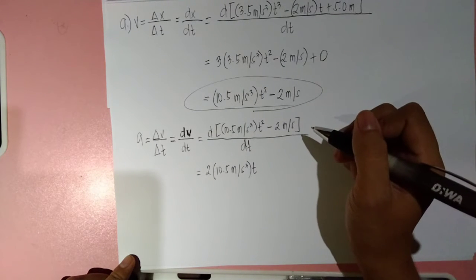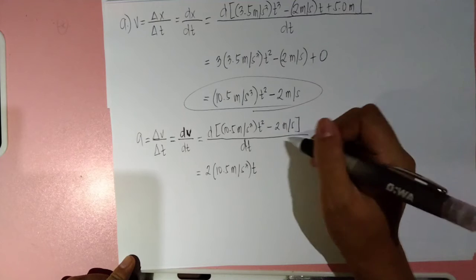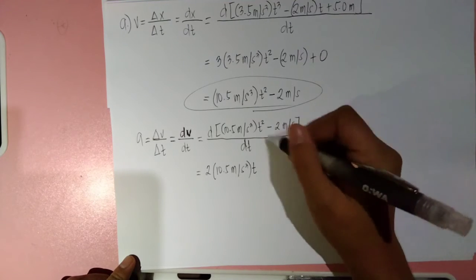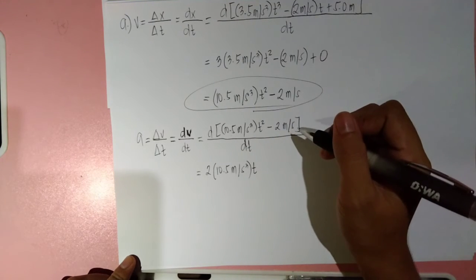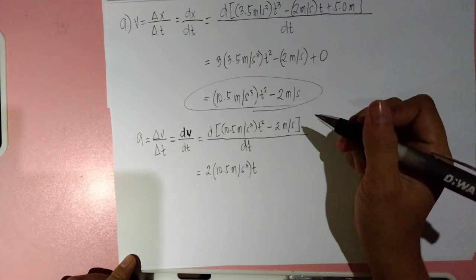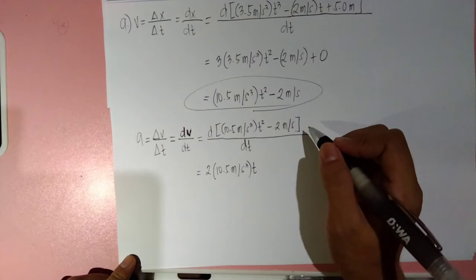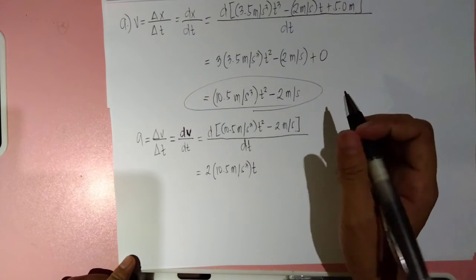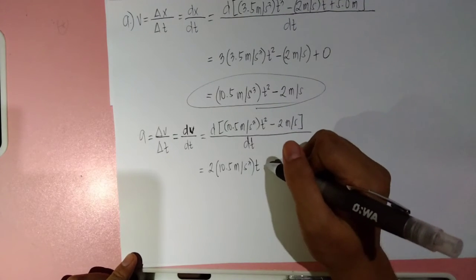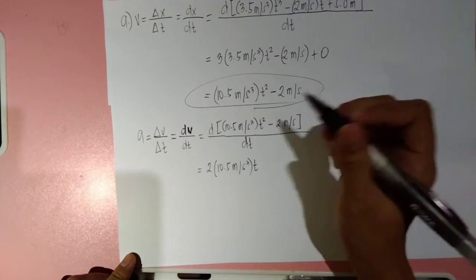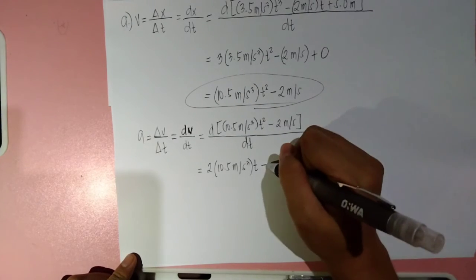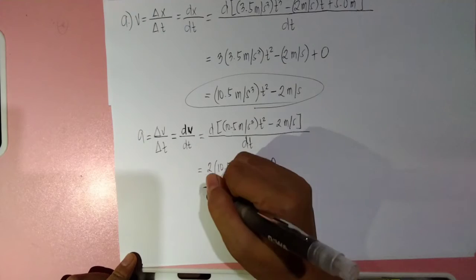Obviously, it does not associate any variable, so it is a constant. And for this term, we will apply the constant rule, which means this negative 2 meters per second here will become 0. So I'm not going to put 0 here, but you can also put it so that you can see it.